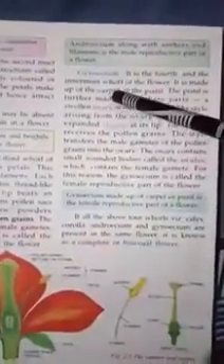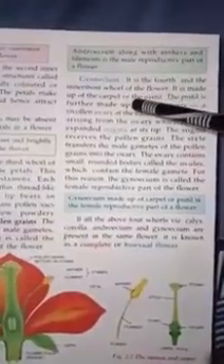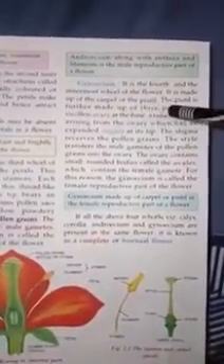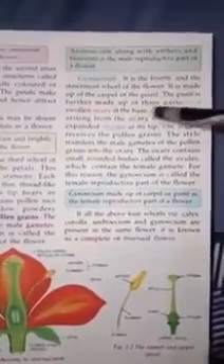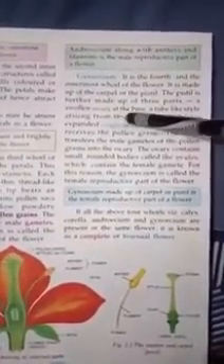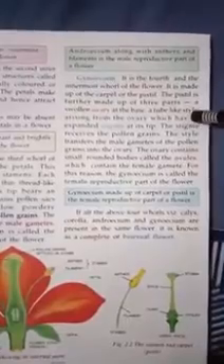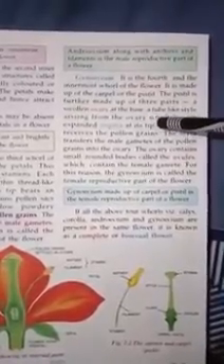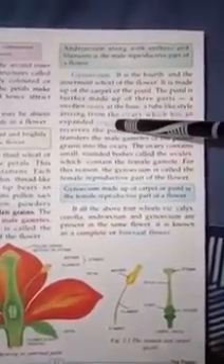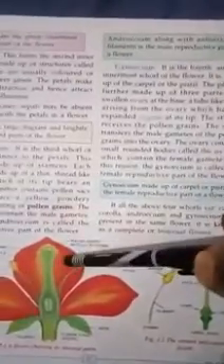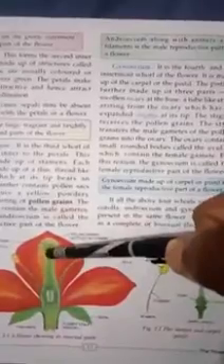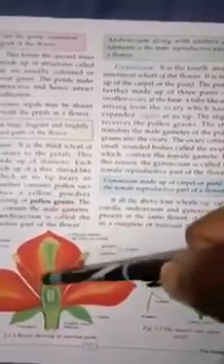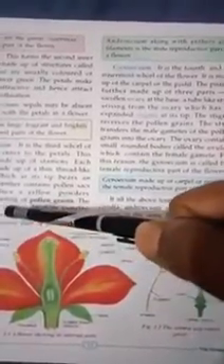The gynoecium is made up of carpel or the pistil. The pistil contains three parts: a swollen ovary, a tube-like style arising from the ovary, and an expanded stigma, as you can see over here. This is the gynoecium part, and over here this is your androecium part.